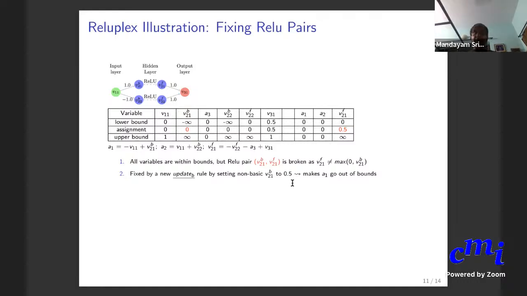In this case, I'm choosing to fix the backward one, because V21 of b is the only non-basic one; V21 of f has become basic. Therefore, I fix V21 of b by setting it to 0.5.